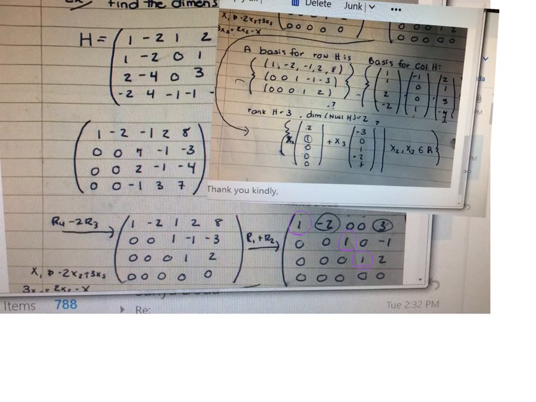Okay, when you're looking at the basis up here for your row H, you'll notice that the rows you are taking are row 1, row 2 and row 3 from your original matrix.